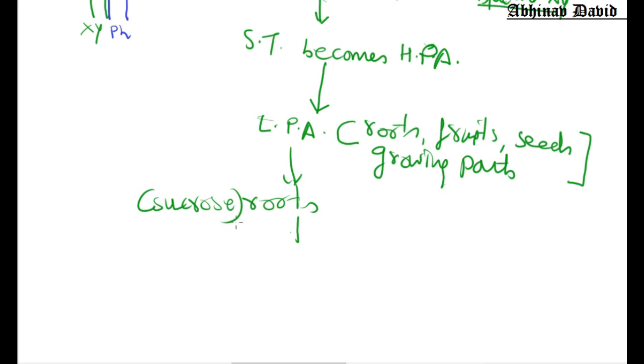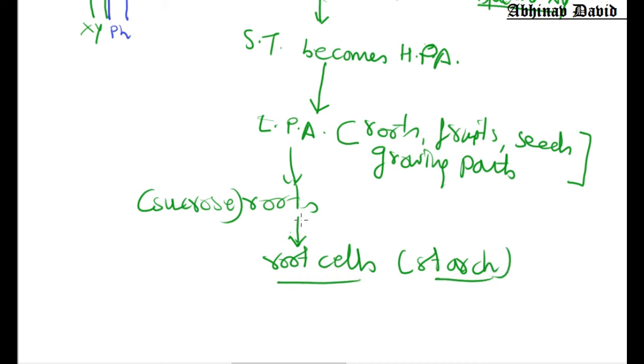But the food is not stored in the form of sucrose. So sucrose is moved out of the roots, that also actively, and it goes into the root cells and is stored there in the form of starch. The food gets stored in the form of starch, not in the form of sucrose.